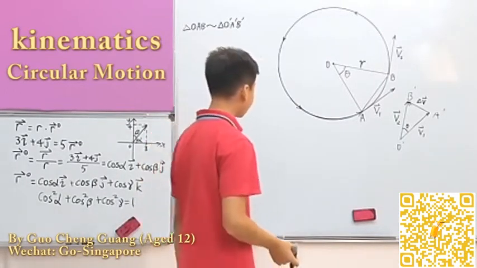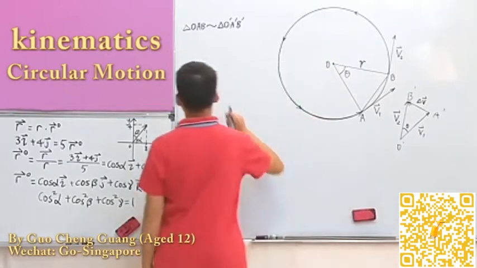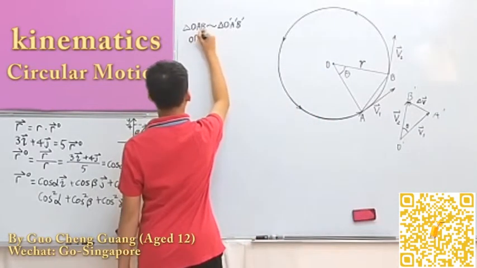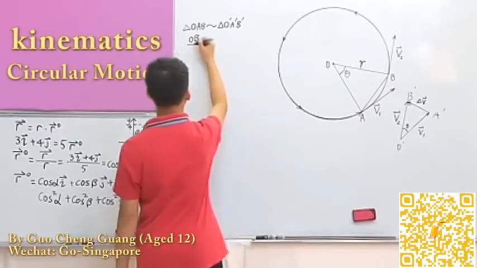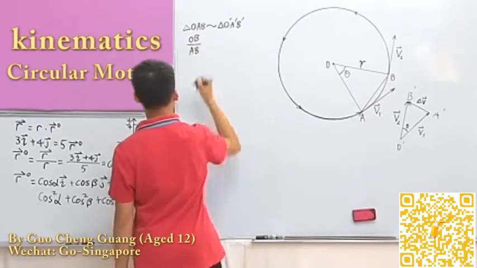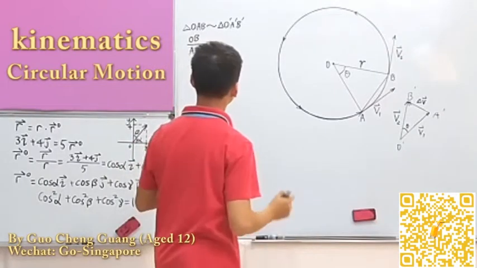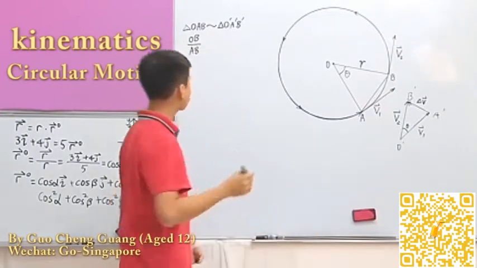So what if we take OB over the chord AB? At the beginning, you may just be experimenting about, then you just take this value.